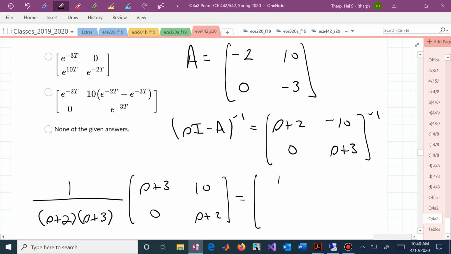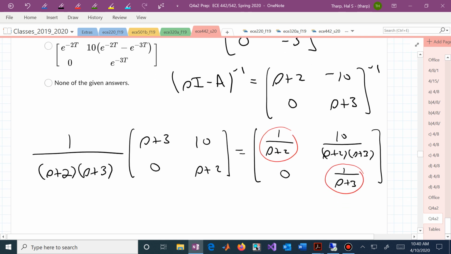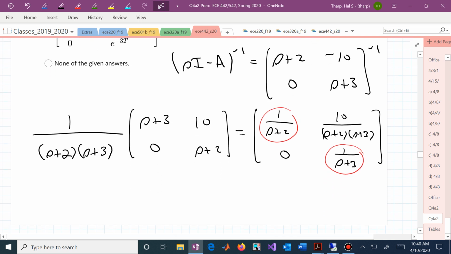You now have 1 over s plus 2. You have 10 over (s plus 2)(s plus 3), and here you have 1 over s plus 3. These two terms should be immediately inverse Laplace transformable. So you now have e to the minus 2t, e to the minus 3t. You have nothing there. And what does this do?